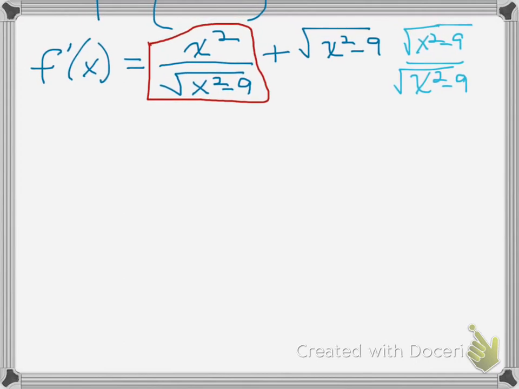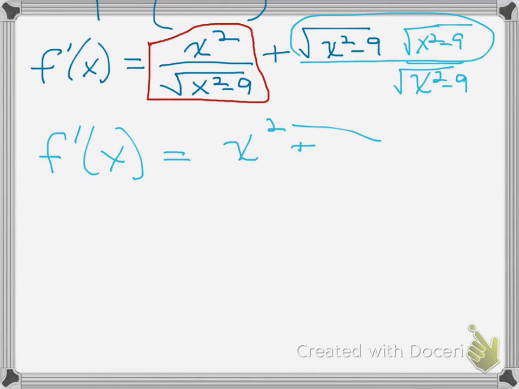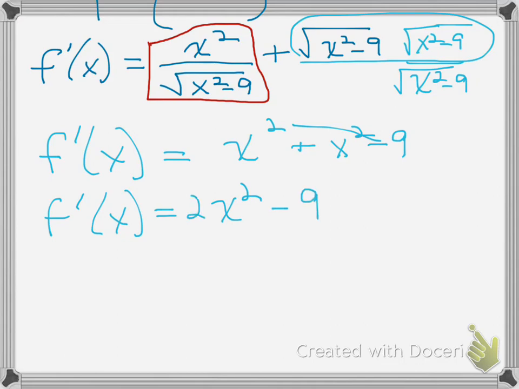So I am looking at writing my derivative, and I get x squared from that first term, plus when I multiply these guys together, I get x squared minus 9. So therefore my derivative equals x squared plus x squared, so 2x squared minus 9.